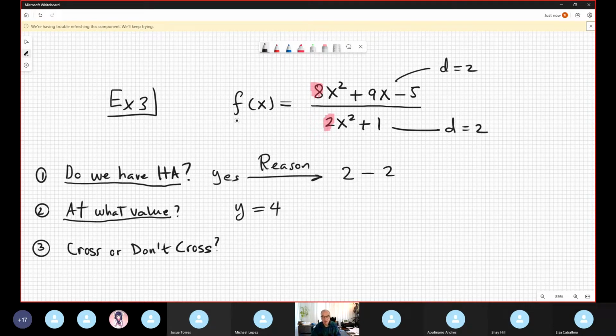Professor, the value is by dividing the numerator and the denominator. Exactly. The numerator divided by 4, which is the denominator. In this case, I am doing it like that because it's the same degree.